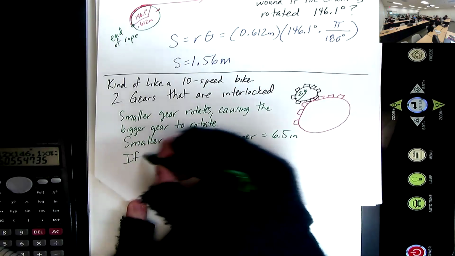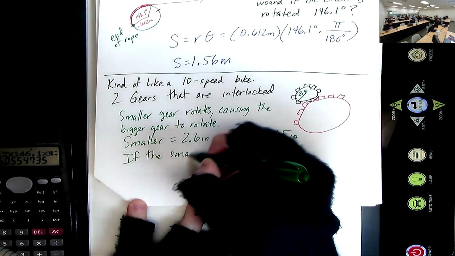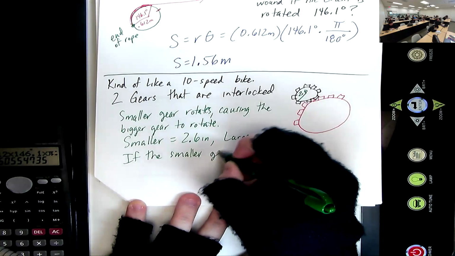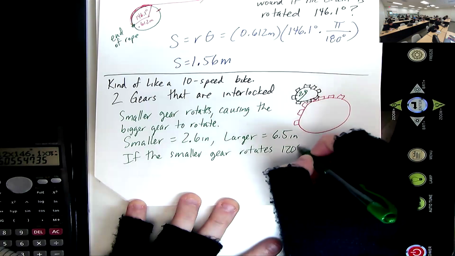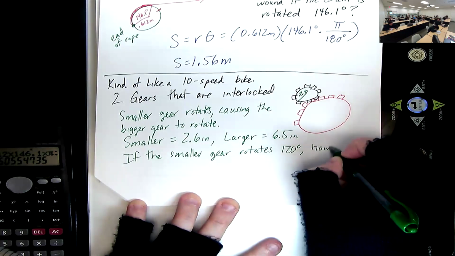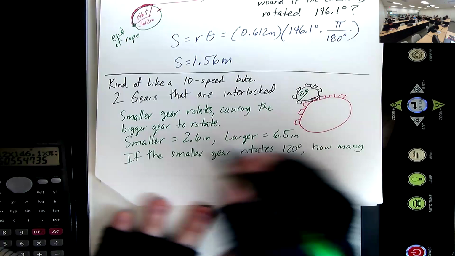If the smaller gear rotates 120 degrees, how many degrees does the larger one rotate?